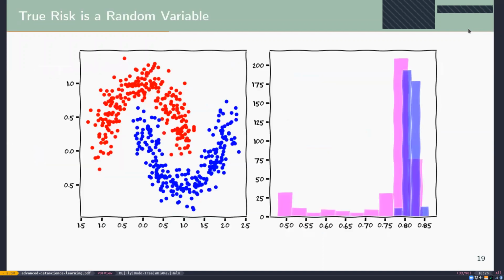Okay, so let's just think about how bad things can go. So I'll have this data set that I want to classify instead. Now, let's just say that I pick random subsets of this data. On these ones, I find a classifier that's always nearly perfect.